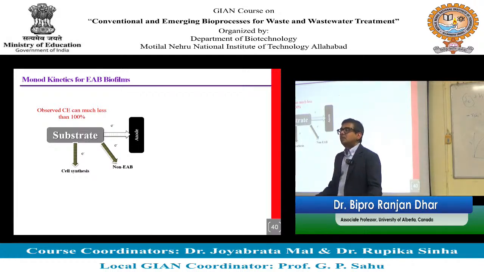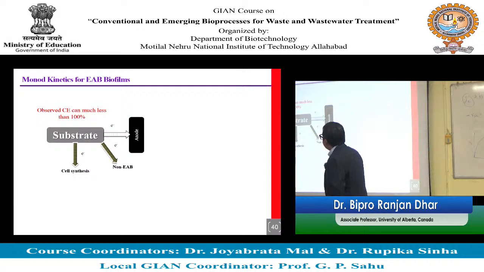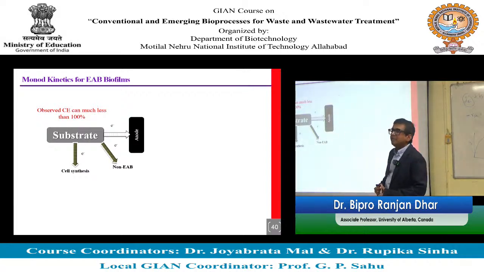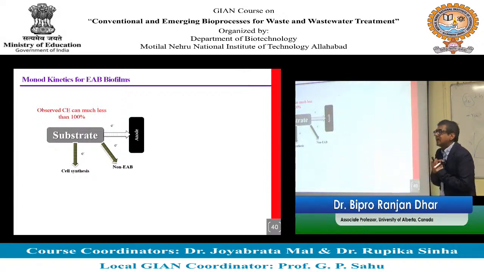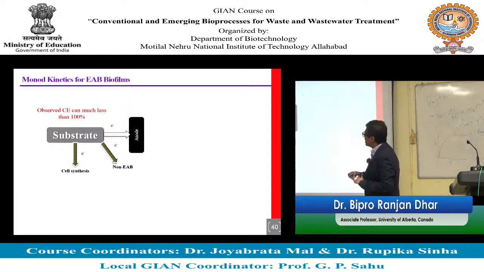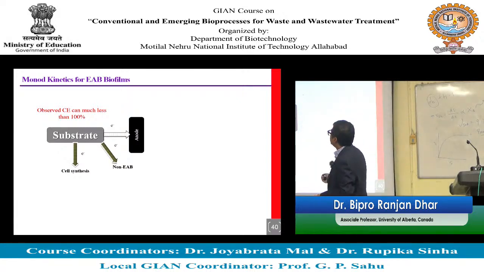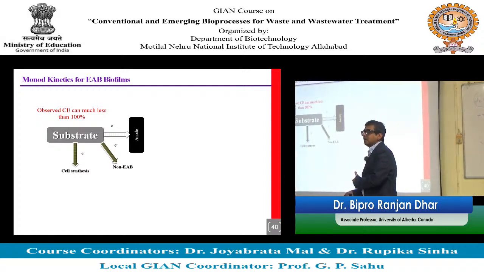So what are the other electrons doing then? Sometimes some non-EAB, some other microbes, can actually take some of the electrons if you have a mixed culture biofilm. But anyway, the coulombic efficiency calculation allows us to estimate Fe naught.